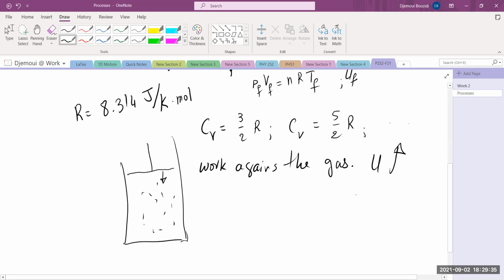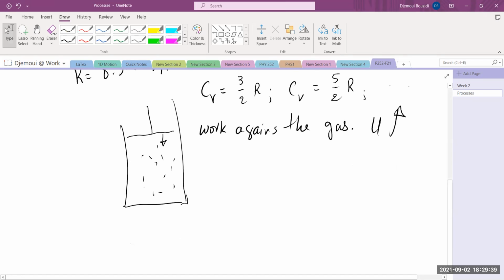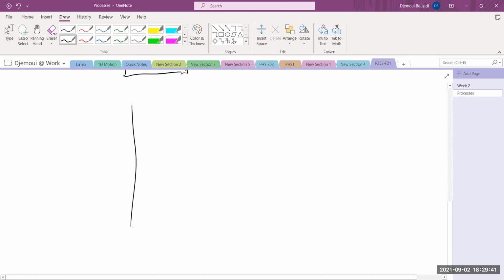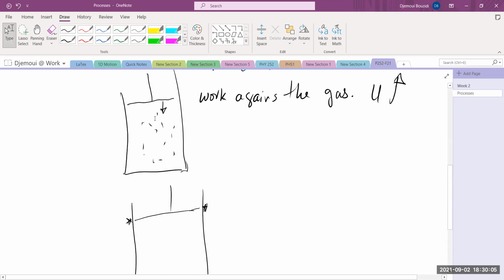If I fix the piston, let's do it another way, okay? Let's take the same gas and put it in an enclosure, and now take the same piston and fix it. Tighten it with screws or whatever you have in here, so it doesn't move. Of course, you cannot compress it now because the piston is not movable, and it cannot move up because then it cannot do work against the environment, okay?